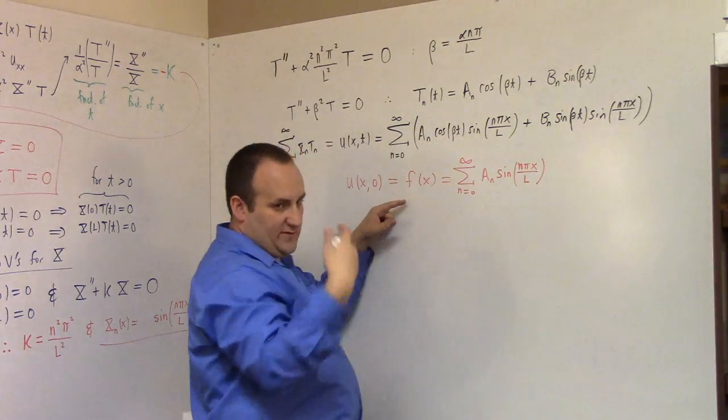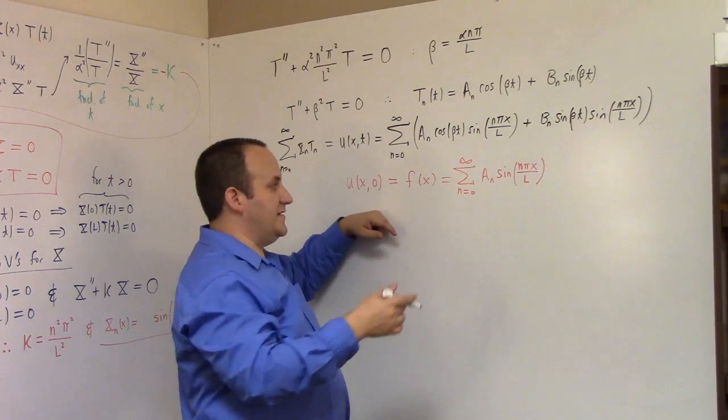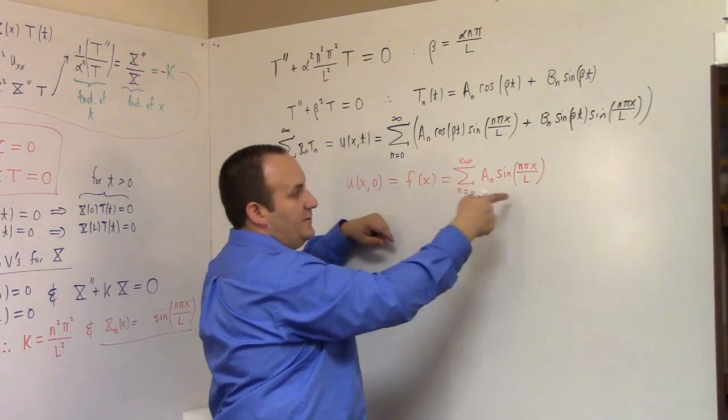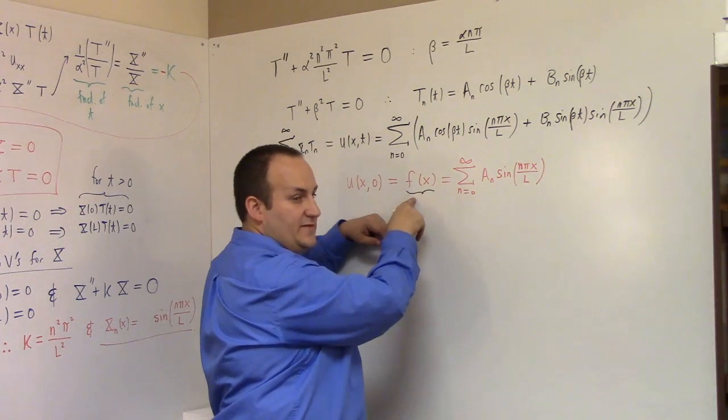Here's the way I usually tell 341 or 334 when I teach it: in order to figure out what this is, you just expand this into its Fourier series.